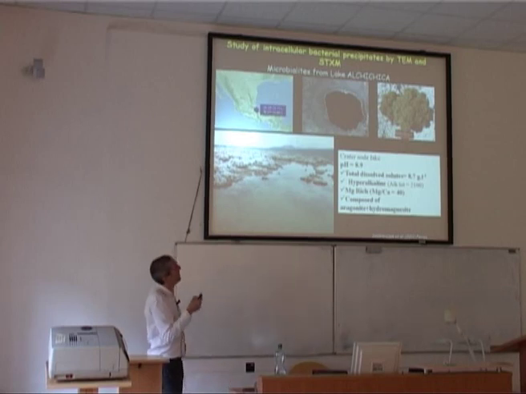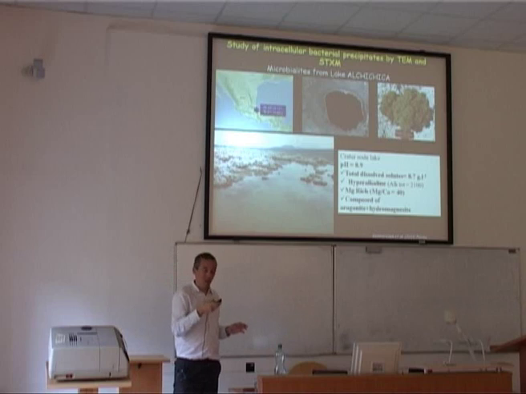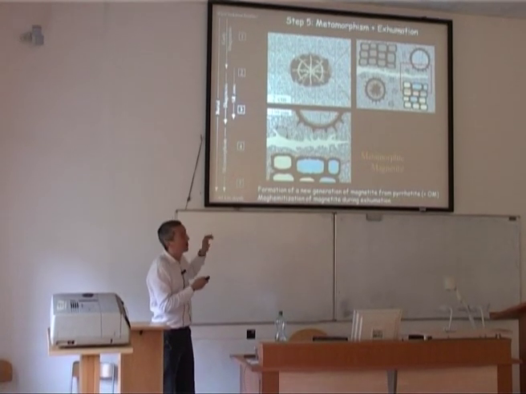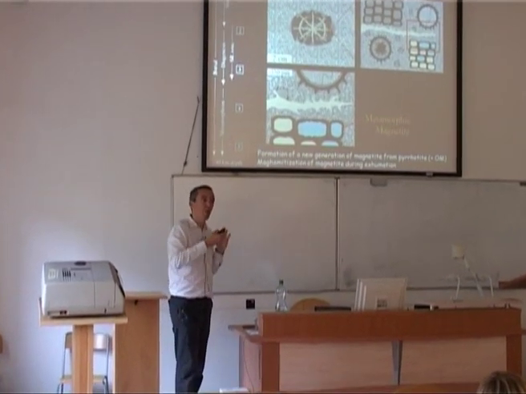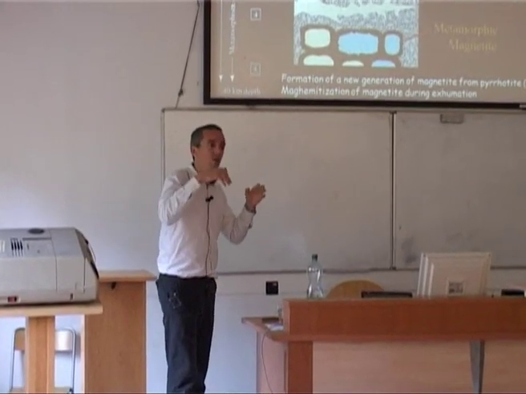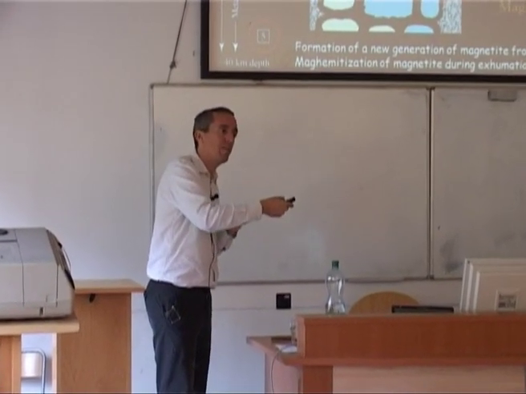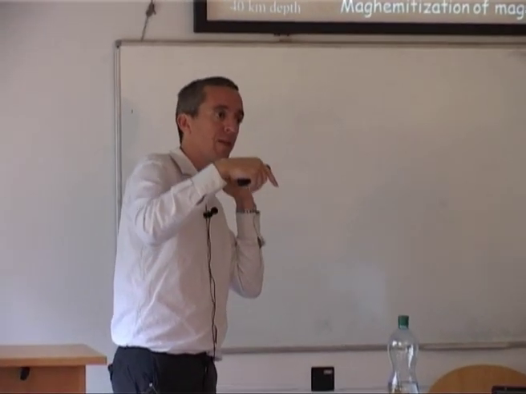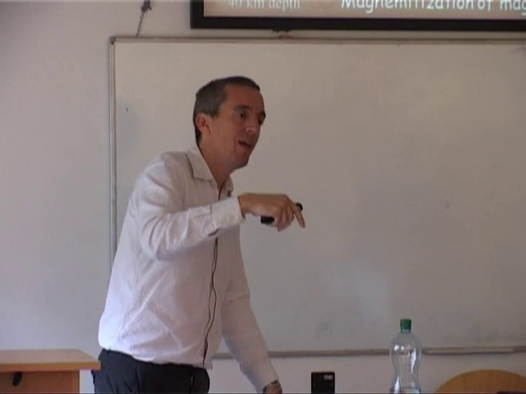Ten. Okay, so that was for the fossils. With all these analyses, basically, that's what I didn't show you, but we can tell a whole story of how it transformed upon time. So we know that cellulose got degraded, replaced by some carbonates. Then it went to deep depths, 40 kilometers.